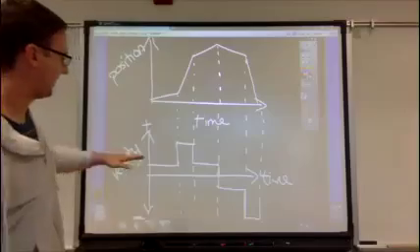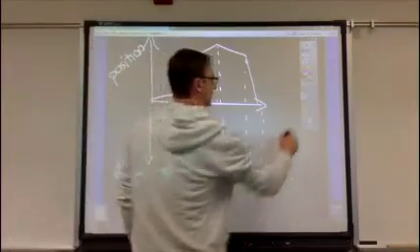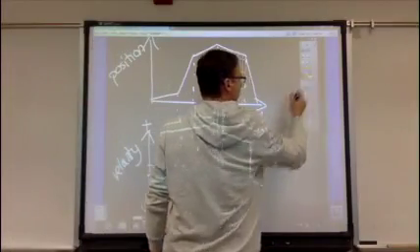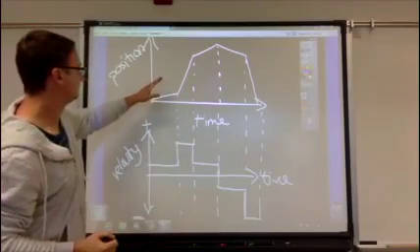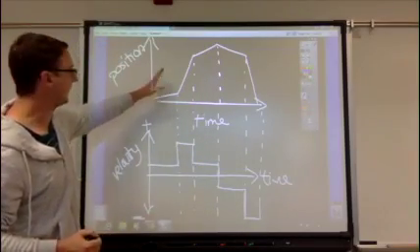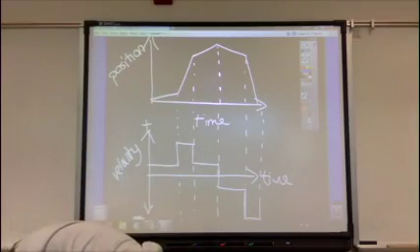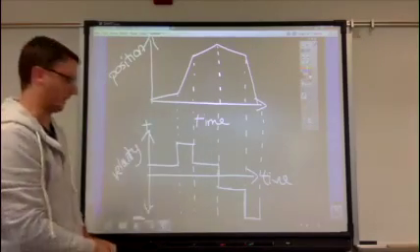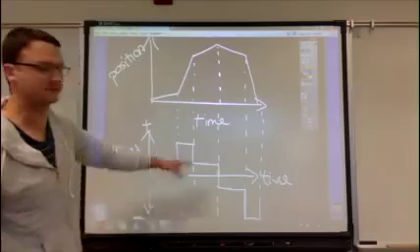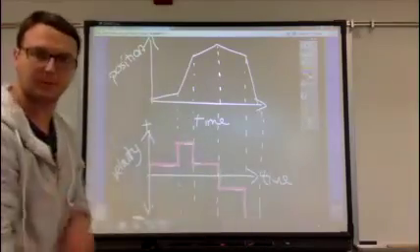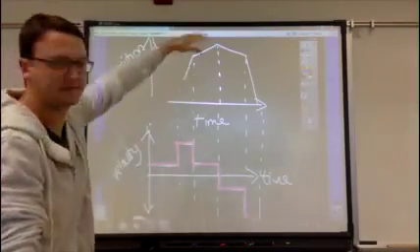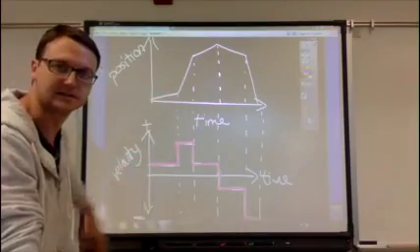Okay, so that is what our graph would look like if we transposed it in the form of a position versus time graph and a velocity versus time graph. So that magenta is what this top graph looks like on a velocity time graph.